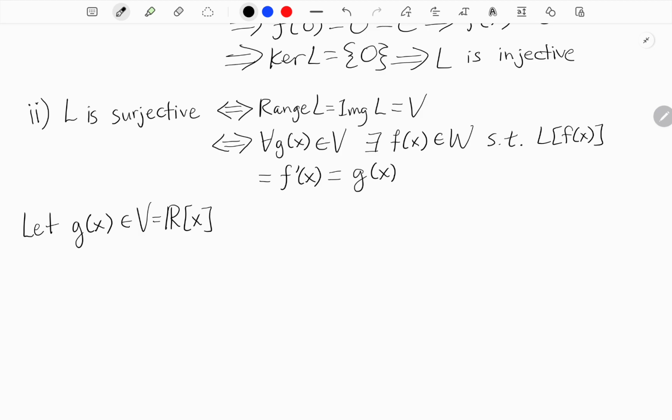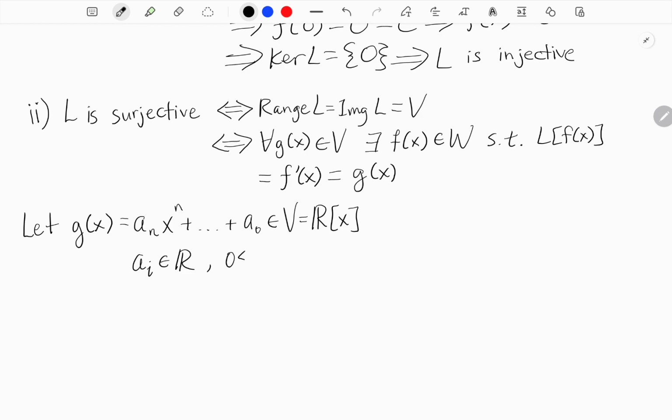So this is equal to a_n x^n plus ... plus a_0, where all the a_i's are real numbers, for i between 0 and n.